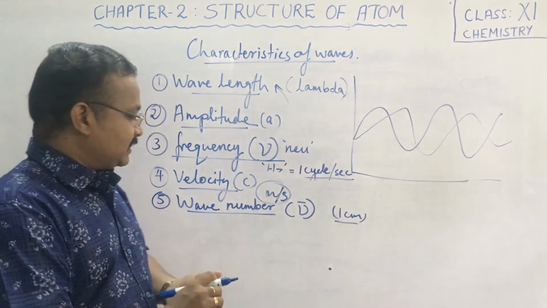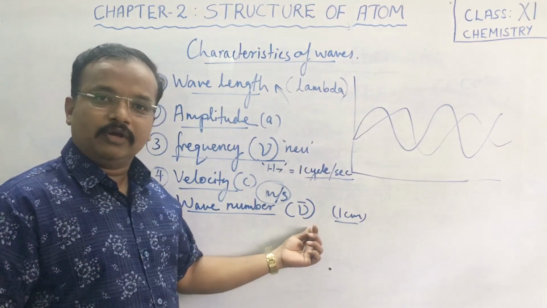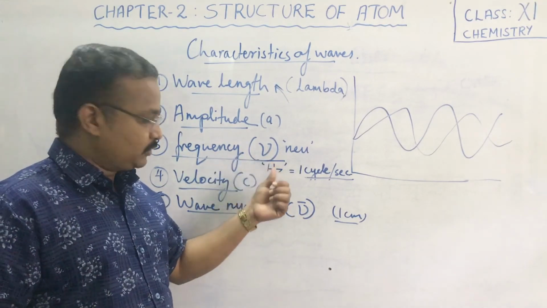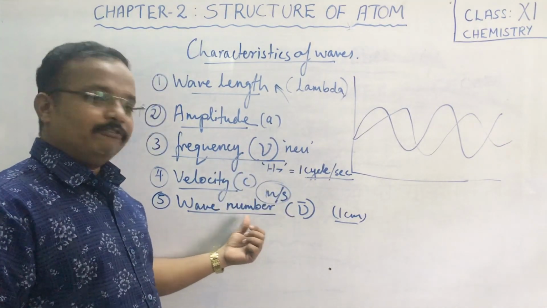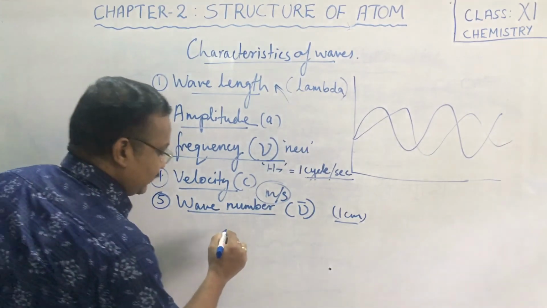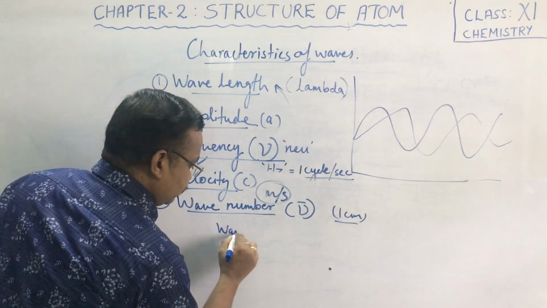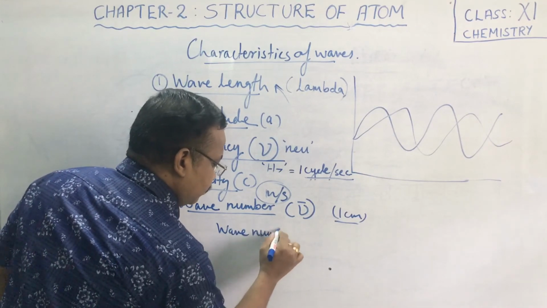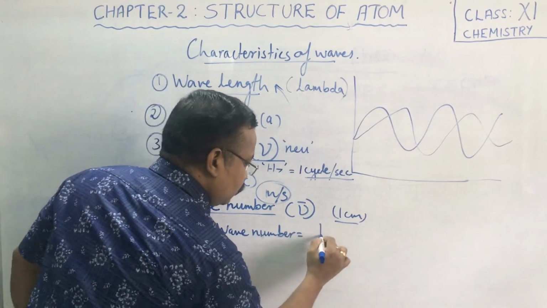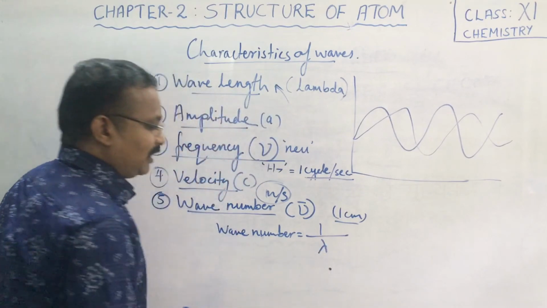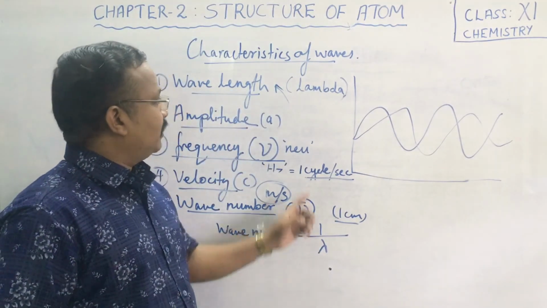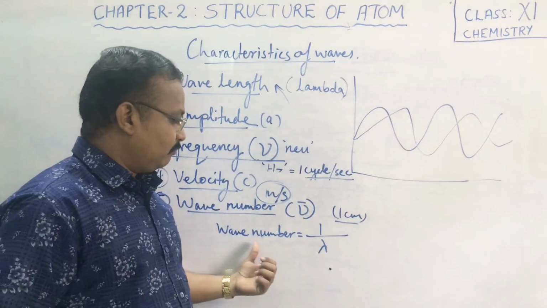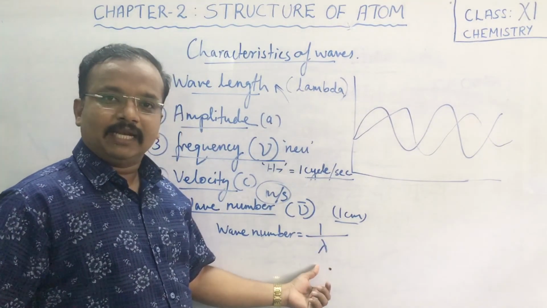That we call a wave number, or nu bar. Nu is used for frequency, nu bar is used for wave number. Wave number is equal to 1 by lambda, that is, 1 by wavelength.